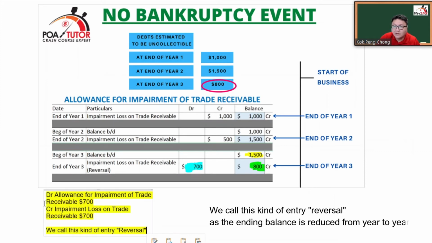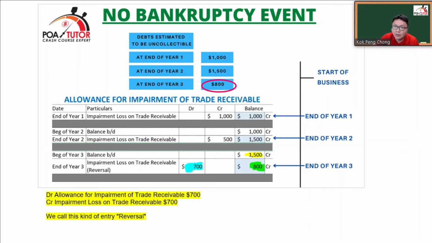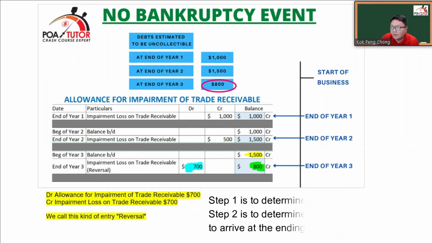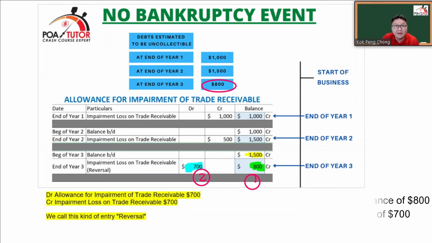We call this kind of entry reversal as the ending balance is reduced from year to year. So once again, step 1 is to determine the ending balance of 800, and step 2 is to determine the debit entry of 205 to arrive at the ending balance.